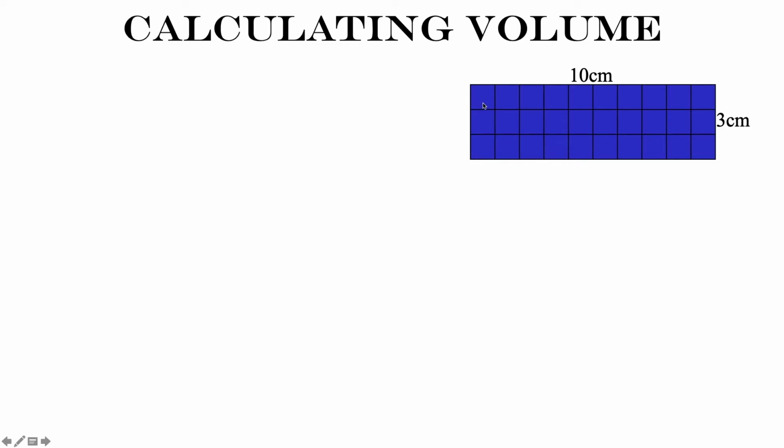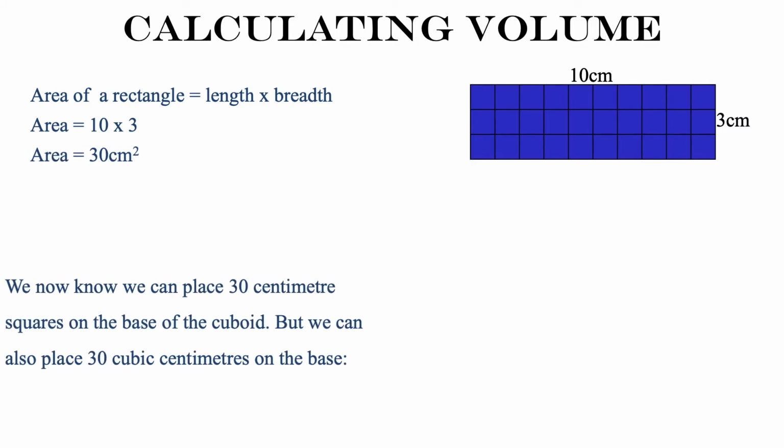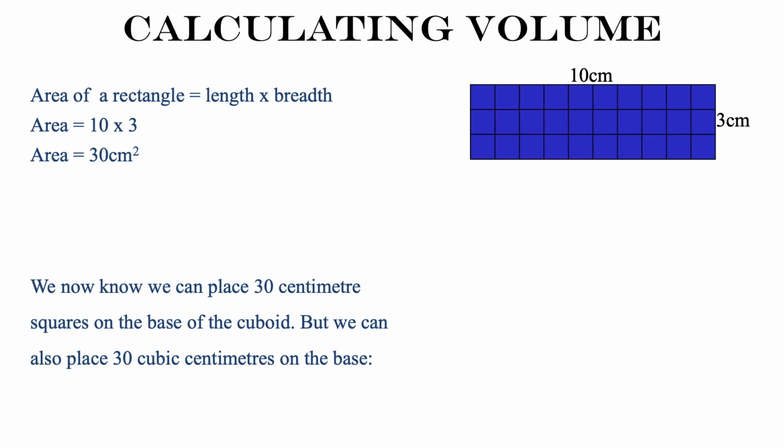You literally have to draw or slot, if it's a physical cube, 1 centimeter by 1 centimeter by 1 centimeter, and count how many fit in there. That's the area of that. It's another way, as opposed to multiplying 10 by 3. They give you the same answer. So the area of the rectangle is length times breadth, as we know, and you get it in square units, because it's the area of the rectangle, not a volume.